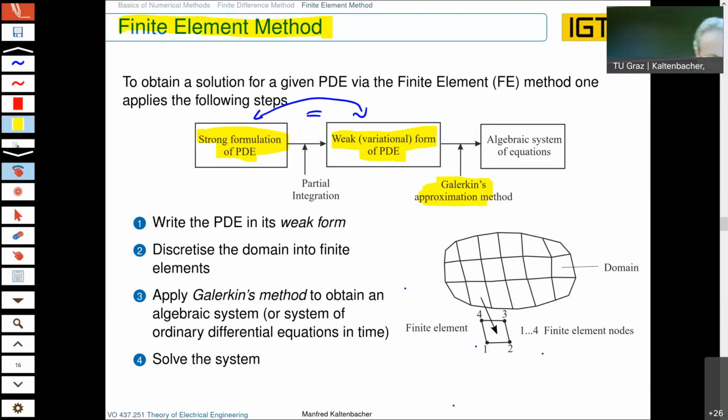Okay, so the steps we have to do. We first transform the partial differential equation with the boundary conditions into the weak form. We then discretize the computational domain, which we have done also by the finite difference method. So the first step is a special step we didn't have within the finite difference method. Then we apply the Galerkin method.